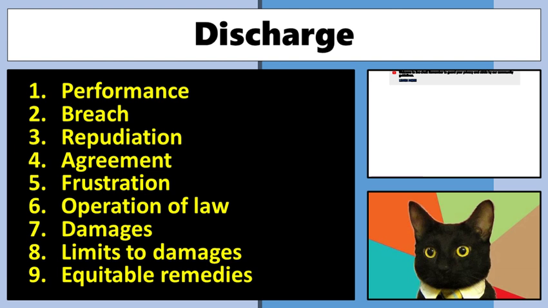Point 9 is to do with what we call equitable remedies. These are things where you want to get something from the court that is not dollars. You might think, why would I ever care for something that's not dollars? Well, in some situations you would rather the other side, instead of breaching and not selling you the land you contracted for, actually convey the land to you.